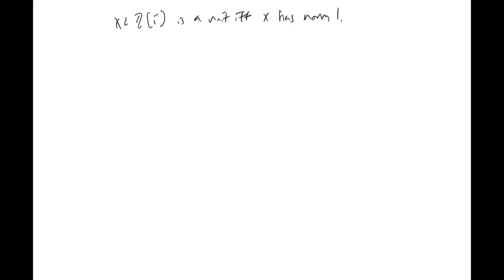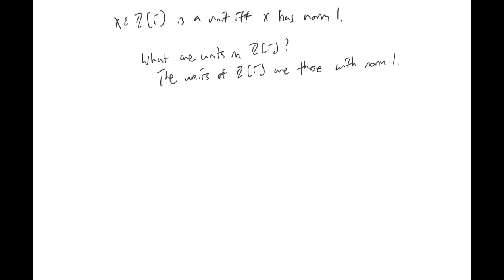Okay, so the question was, what are the units in here, right? So my claim is the units of Z[i] are those with norm 1.